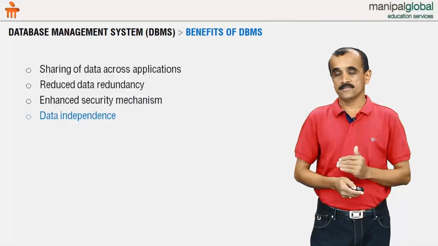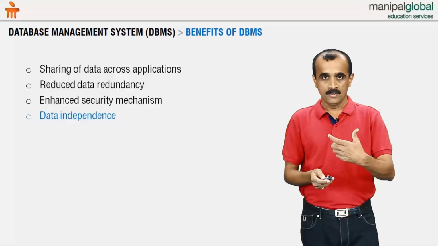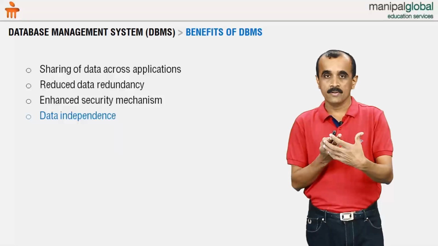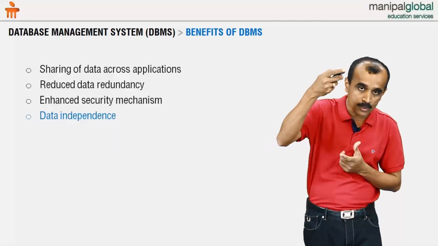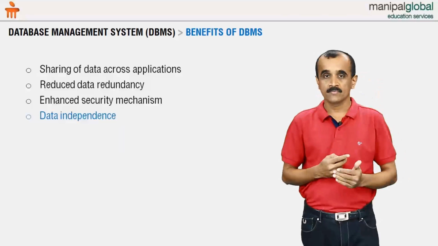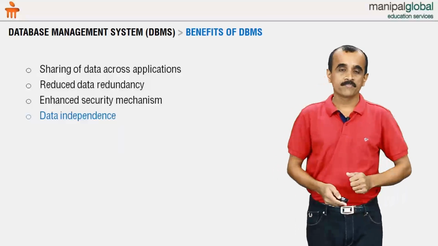Then there is data independence. In a database, if I slightly change the format of the data, I may not need to change the corresponding programs which read the data. That kind of independence is provided by the DBMS.